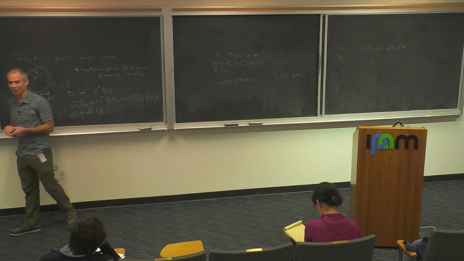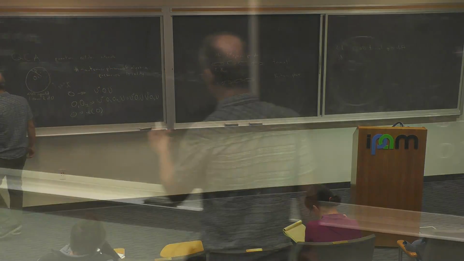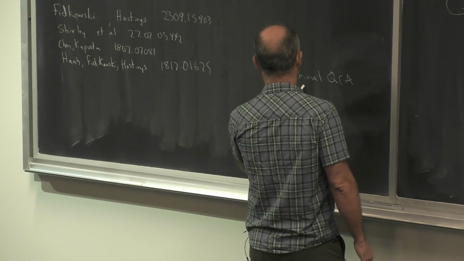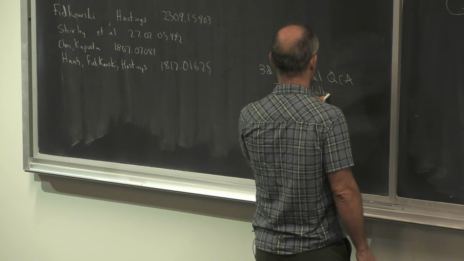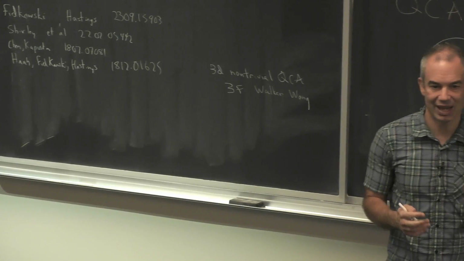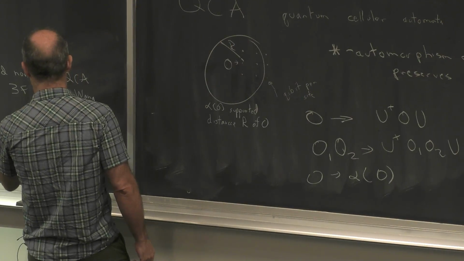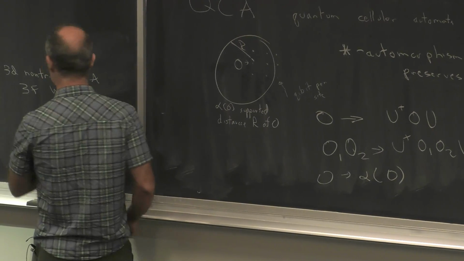So in 3 dimensions, there's a bunch of interesting phases, and there's one phase, the three-fermion Walker-Wang model. I won't go into much detail about what this model is, but it's another interesting model that has no anionic excitations but has an interesting surface.